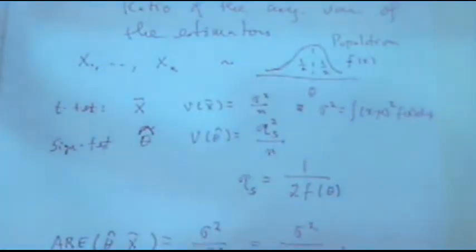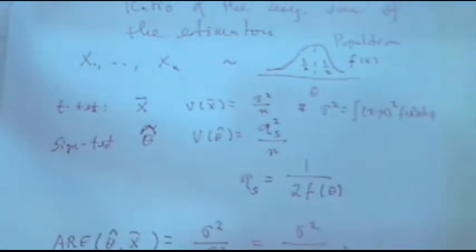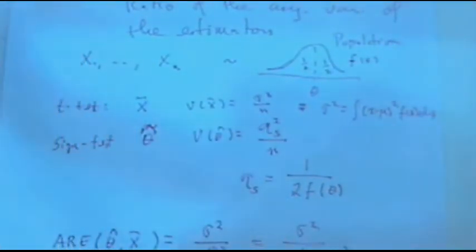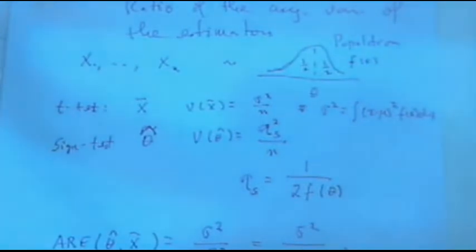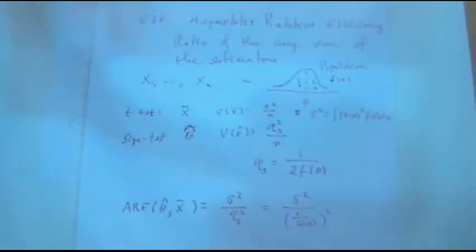Now the ARE depends on the population; it's not distribution free, that's for sure. But it is a ratio of variances, so for the population, you only have to know the form. It doesn't matter what the mean is or what the variance is.